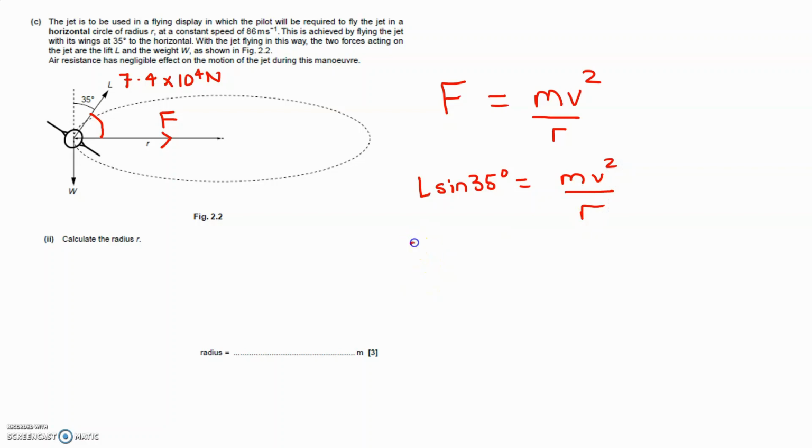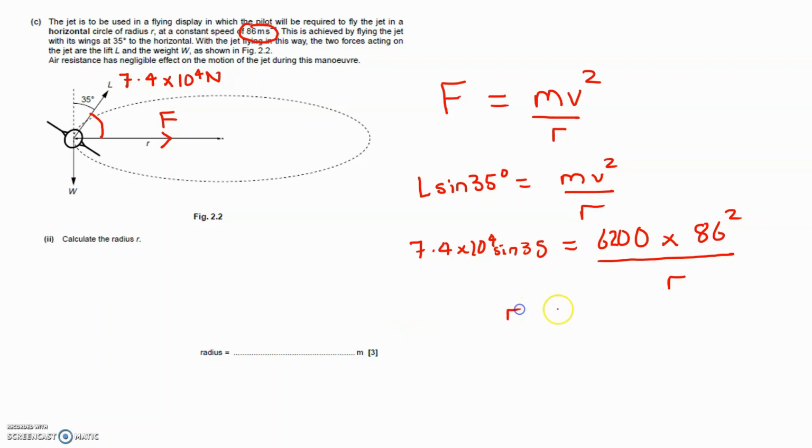If we put our numbers in, we've got 7.4 times 10 to the 4 times sine 35 equals the mass, 6,200 kilograms. Now we're given the speed that the jet is moving at, so that is 86 squared, divided by the radius of the circle. So we can see that we now have enough information to calculate that.